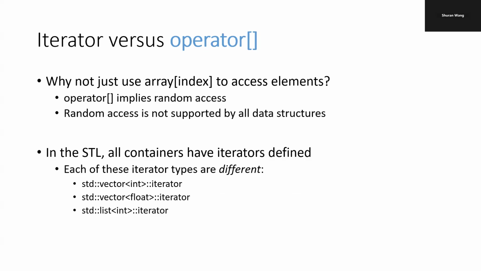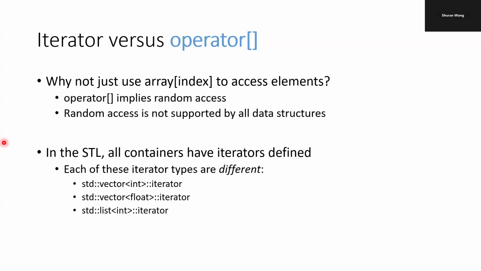For vectors, why don't we just use the array square bracket index to access the elements, but use iterators? That's because the vector container supports random access, and that's why we can use the square bracket operator. But the square bracket operator implies random access and is not defined for the containers that do not support random access, like list.